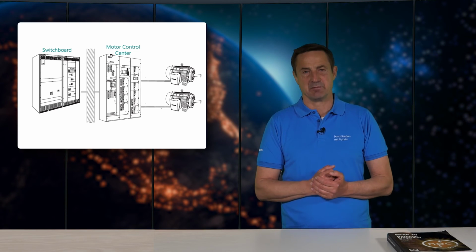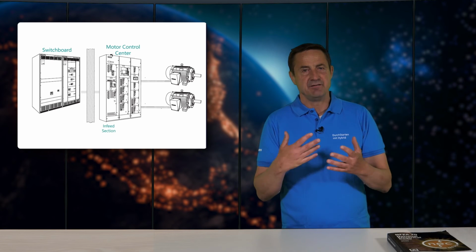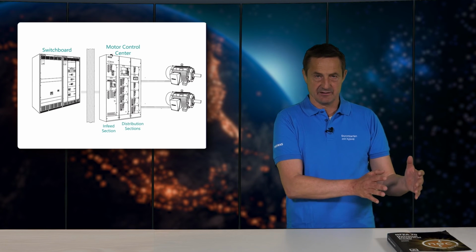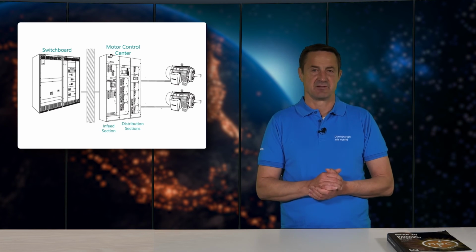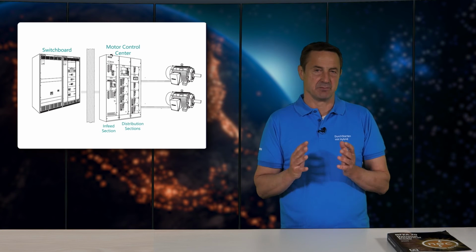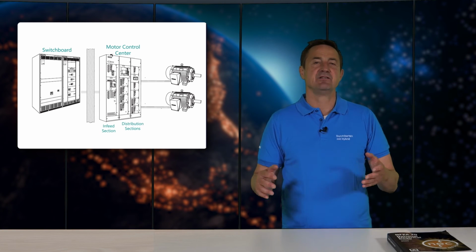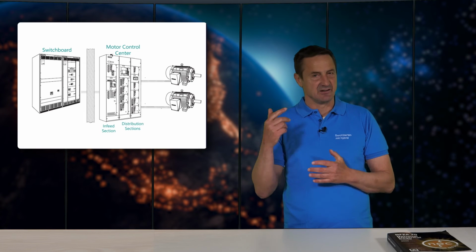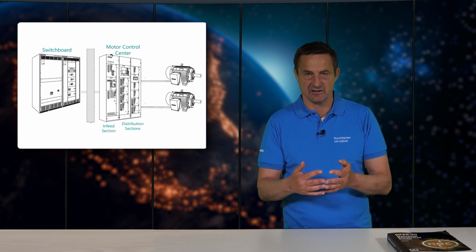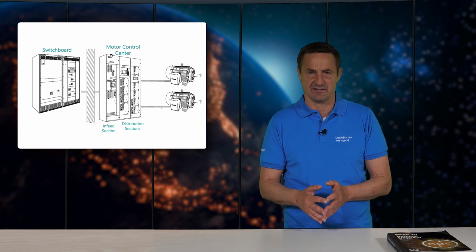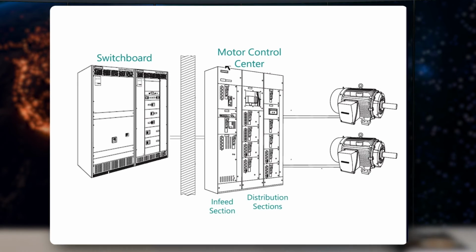These electrical cabinets are designed like switchboards, with an infeed section on the left side connected with busbars to the distribution sections. But in the distribution sections, all individual motor starters, including overcurrent protection devices, are installed in standard-sized cutout boxes for each motor, like integrated enclosed motor starter panels.